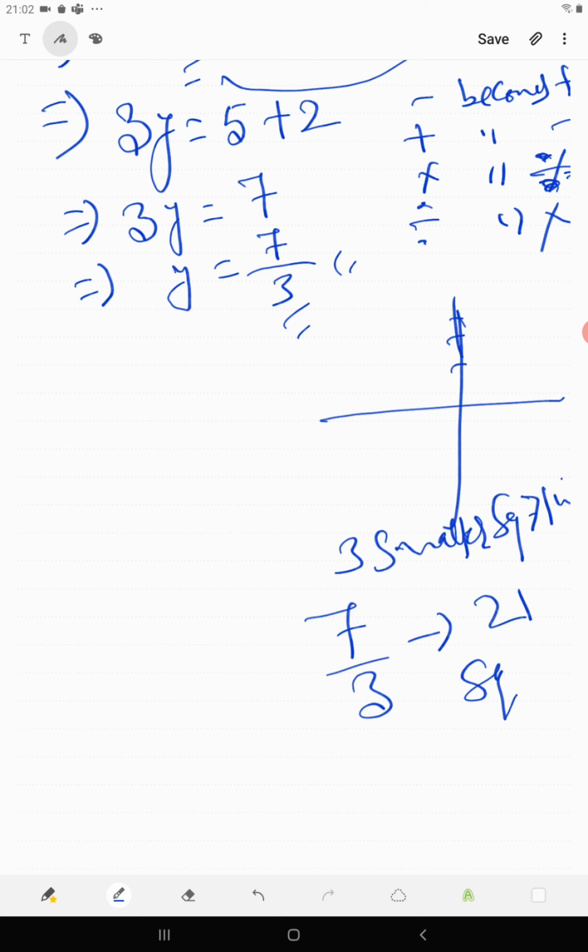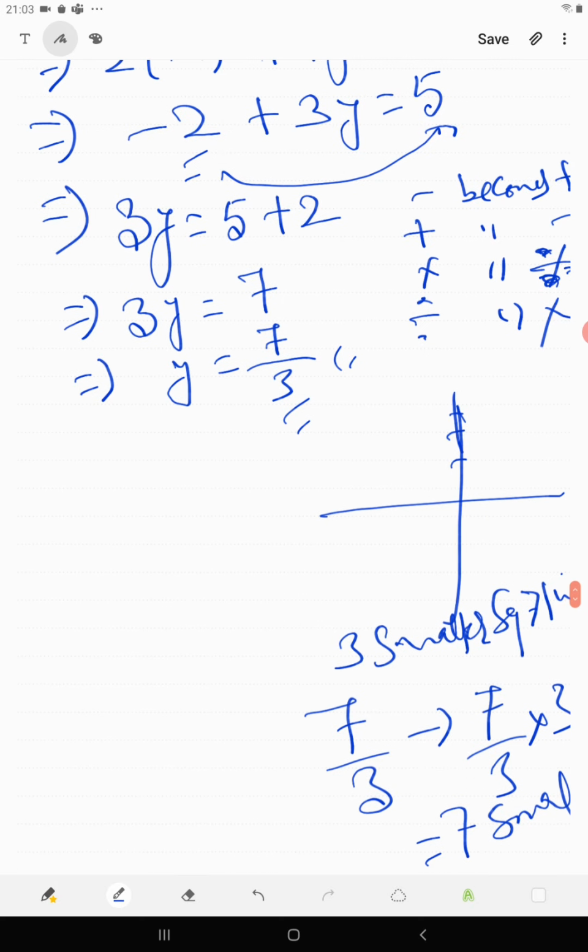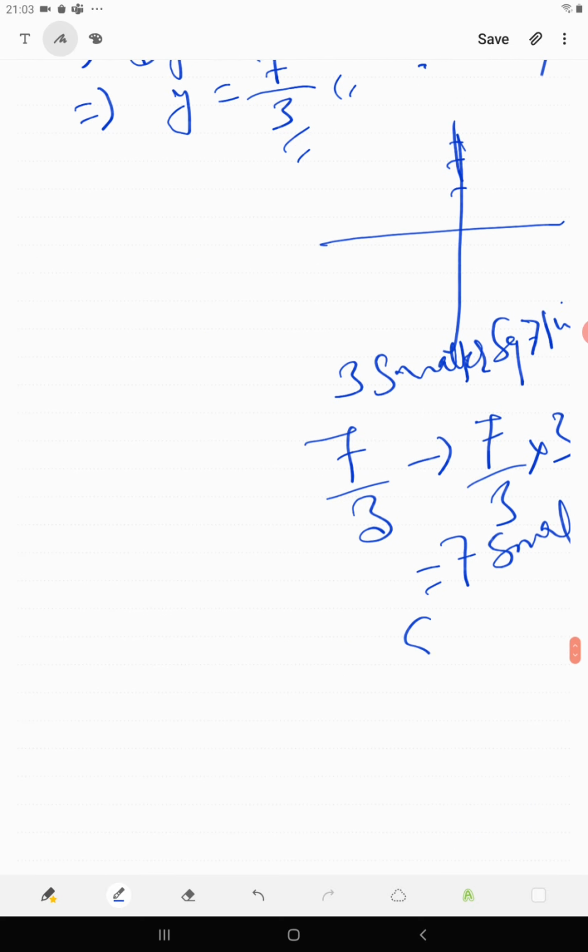Okay, sorry, so 3 smaller, not 21, 7. 7/3 into 3, that is 7 small squares we need to take to represent 7/3.